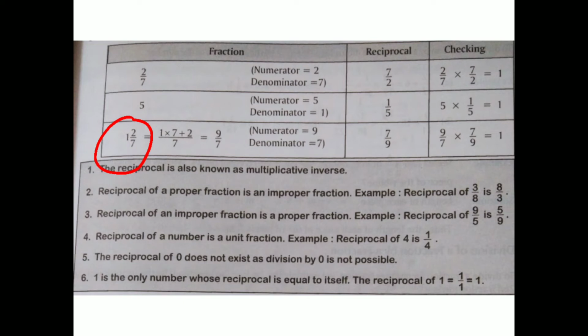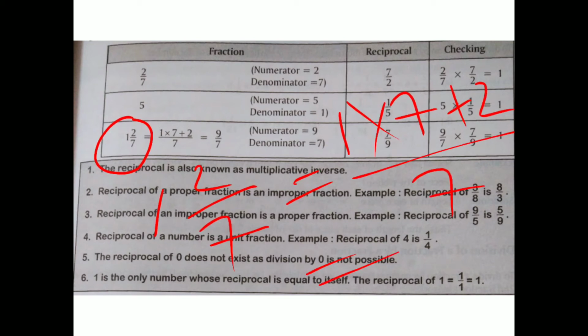Again we have a mixed fraction, for example 1 and 2 upon 7. Firstly, you convert it into fraction form. How will you write it? 1 into 7 plus 2 upon 7, so 7 plus 2 is 9 upon 7.